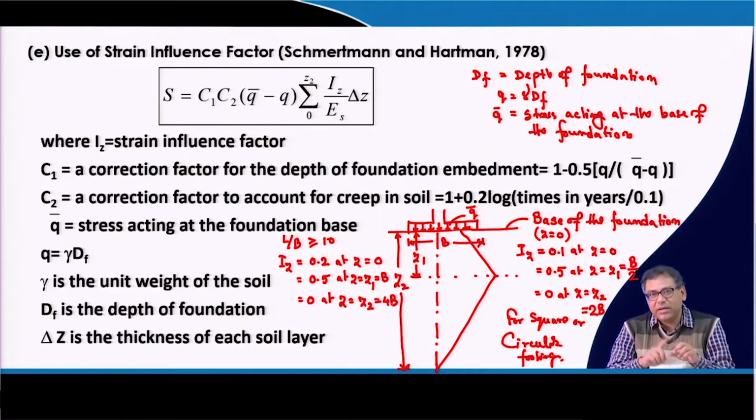The twice b that I am talking about is the actual influence zone for a square footing. For strip footing, the influence zone is taken as 4 times b, and you have to use that for this particular problem.